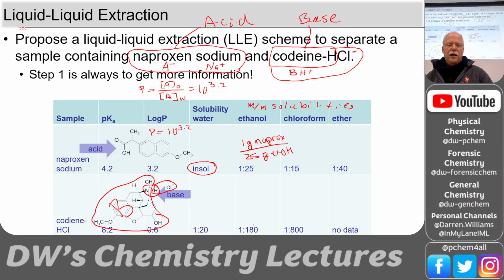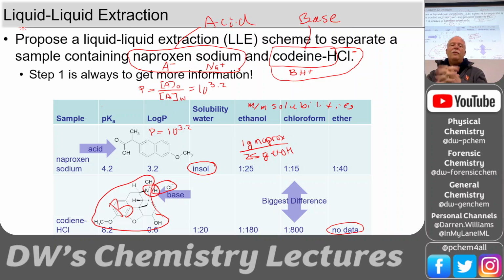On codeine, there's no data in the ether column, but there is some data in the chloroform column. What we want to do is pick an aqueous phase, and then pick an organic phase. We want to pick the organic phase that has the biggest difference. We can use that to our advantage. To dissolve 1 gram of codeine, not the HCl, but the codeine base, we'd have to have 800 grams of chloroform.